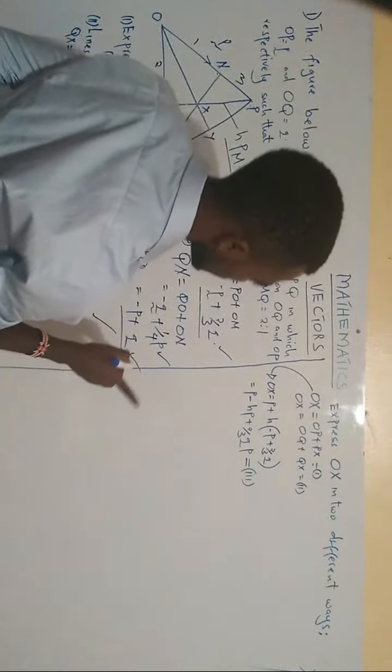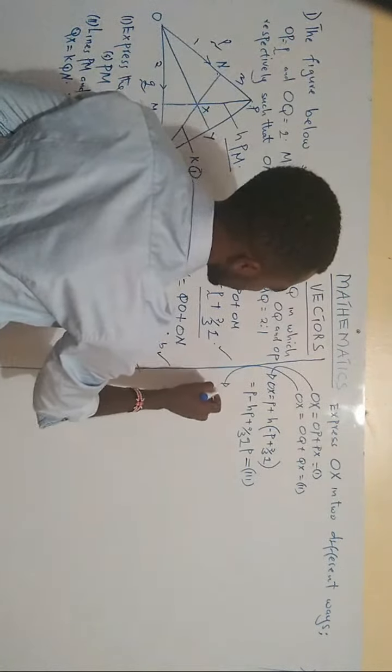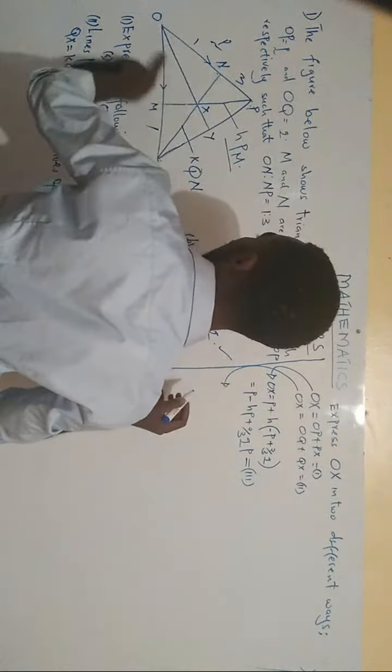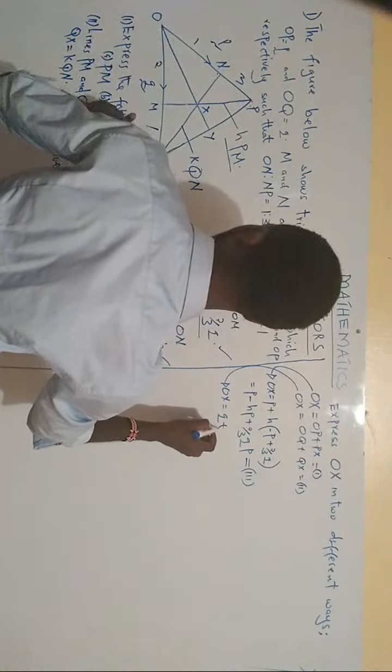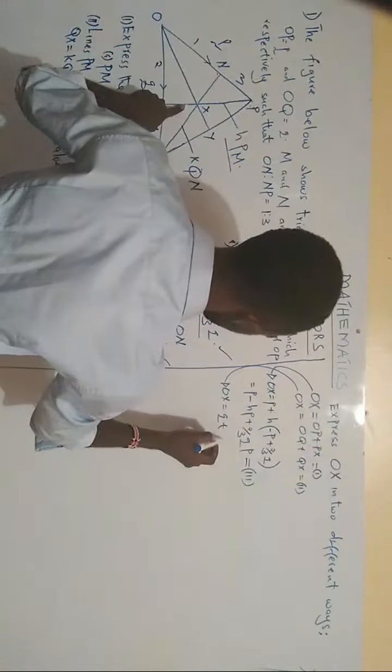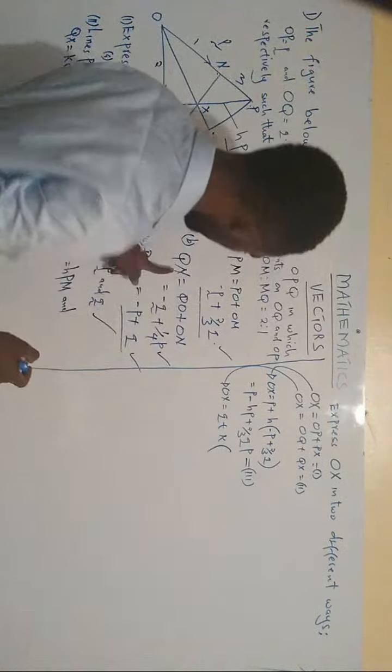Then the like terms now. So we can now work this one out and say OX can be given as OQ, which is Q plus QX, and the QX is K QN, and the QN, we got it here.